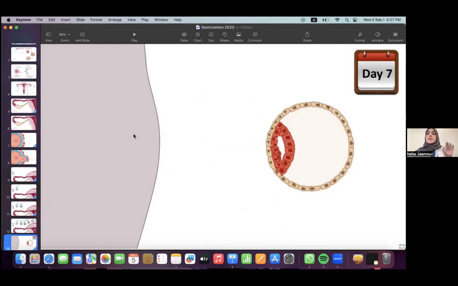So it wants to implant itself into the endometrium so that it can get to the mother's circulation and get nutrients from it so that it can grow and evolve and differentiate, which gets me to the second goal: to keep on differentiating and dividing and multiplying and growing.